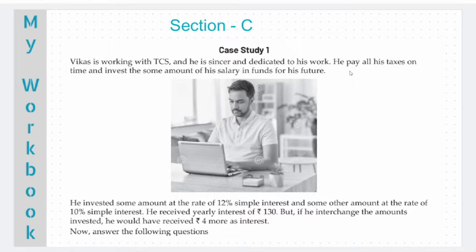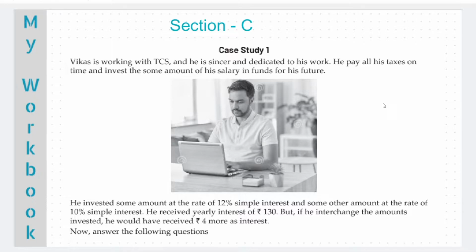So first, let's go through the case study. Vikas is working with TCS and he is sincere and dedicated to his work. He pays all his taxes on time and invests some amount of his salary in funds for his future. He invested some amount at the rate of 12% simple interest and some other amount at the rate of 10% simple interest.